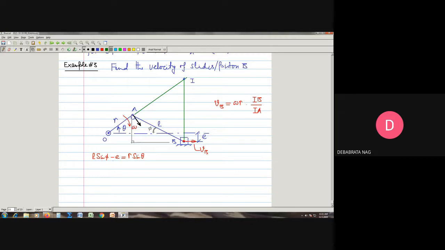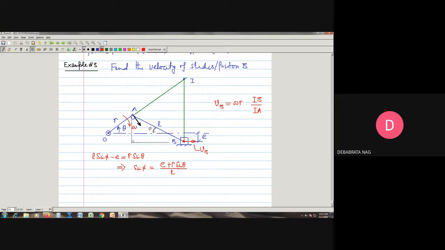So if we know L, R, E and everything, from this relationship we can find the value of phi. So sine phi is equal to E plus R sine theta divided by L. From here I can find this angle phi.